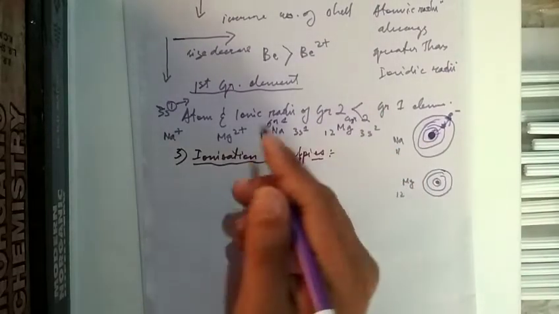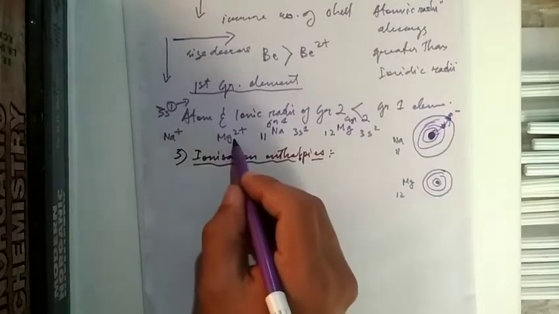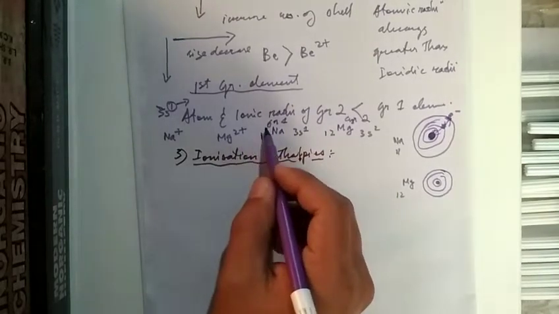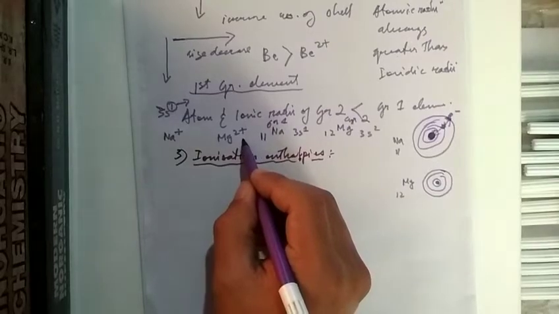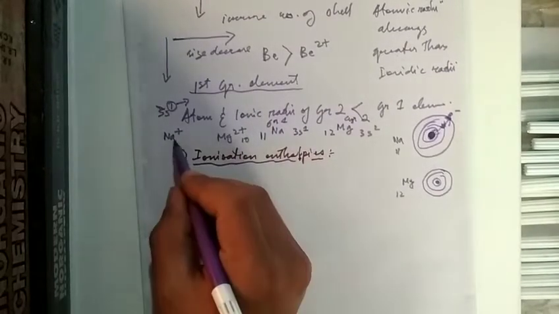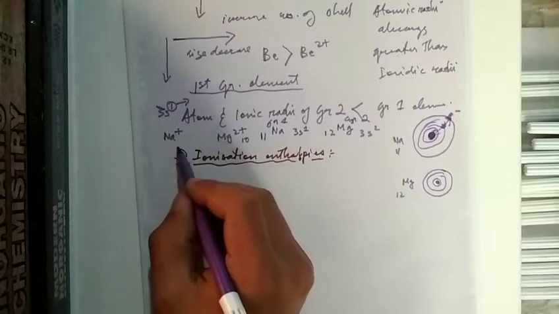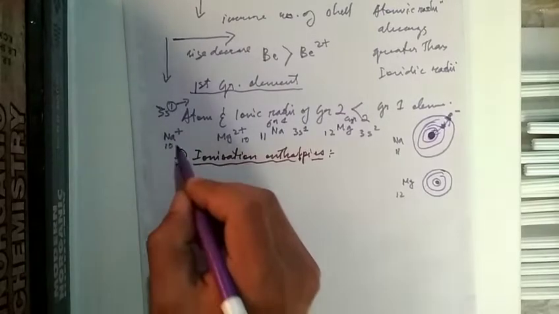So if two electrons are gone, Mg will have only 10 electrons, and for Na, if one electron is lost, it will also have 10 electrons.